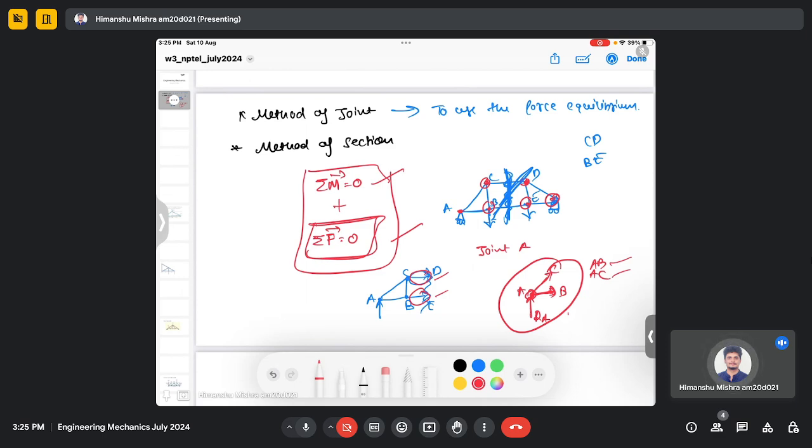So the procedure is more or less similar to what we have looked into in the previous class. We will be using the same set of equations, but we will be using two different methods.